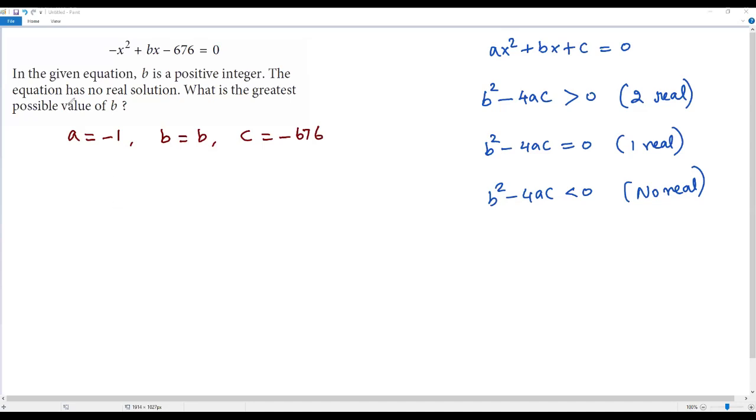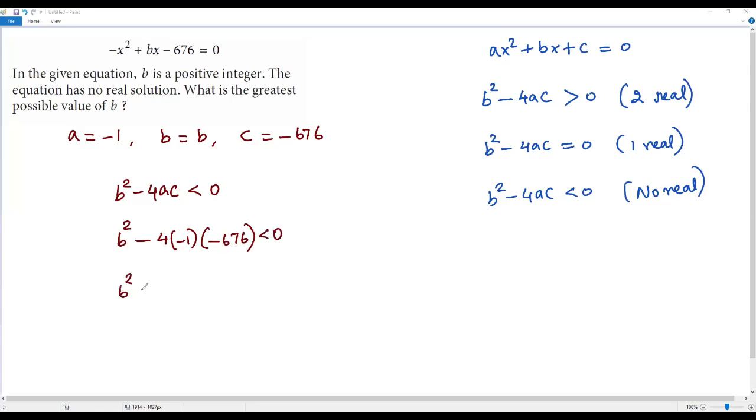Okay, now since the question says the quadratic equation has no real solution, we consider this particular case, that is b squared minus 4ac has to be less than 0. Now we can plug in the values for b, a, and c. For b, we keep b squared as it is. Minus 4 times a, which is negative 1, times c, which is negative 676, less than 0.